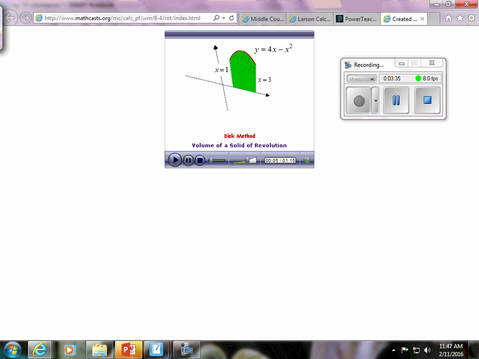That's two-dimensional, no volume. But what we're going to do is revolve it about the x or the y-axis to create a solid. That's why these are called solids of revolution. Now watch what happens. It's very slow, so when it starts revolving about, in this case, the x-axis, you see how now all of a sudden we have a three-dimensional object?